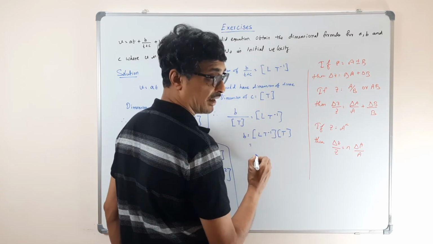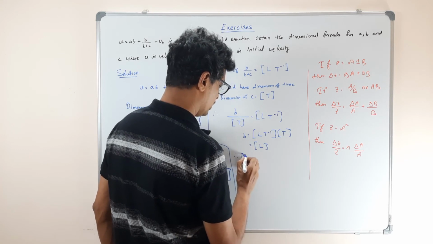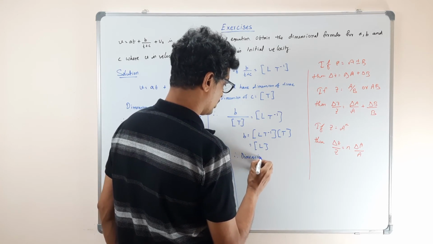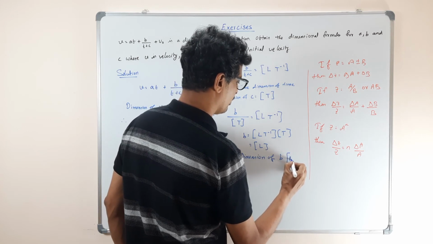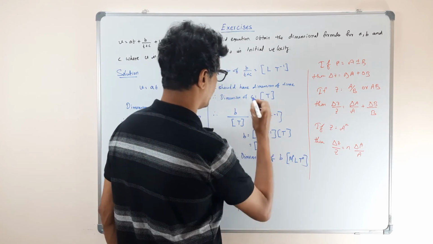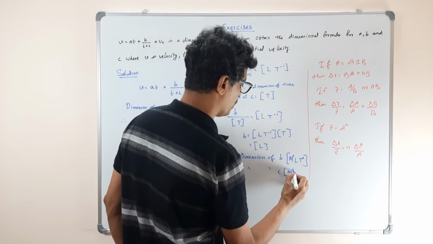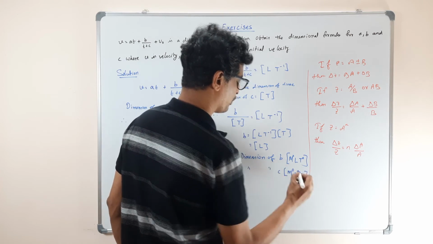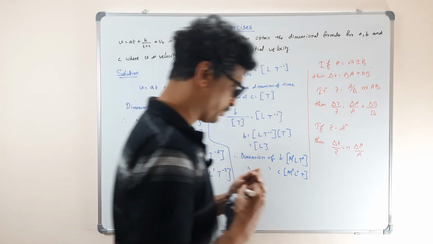That's equal to only L. Correct? Yeah, that's it. Therefore, dimension of B is M0, L1 and T0. And dimension of C is M0, L0, T. Okay? So how simple is this problem?